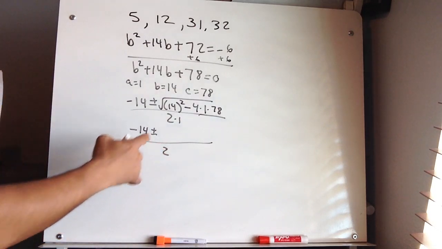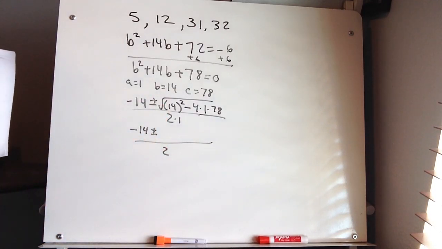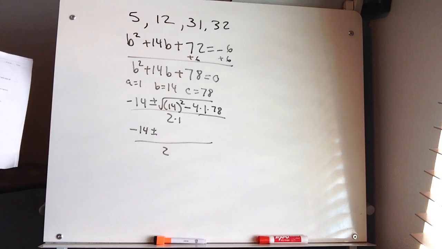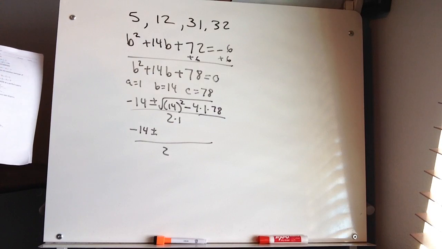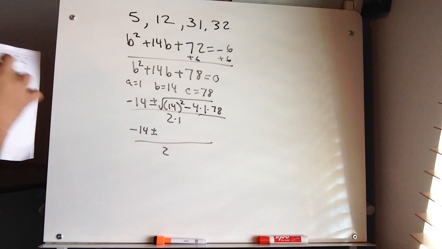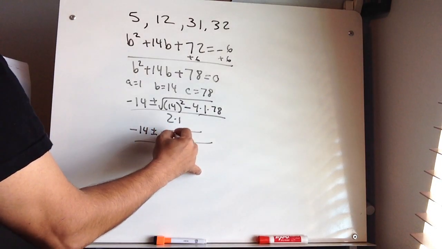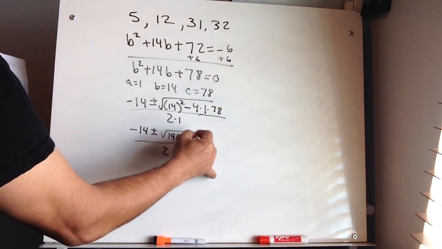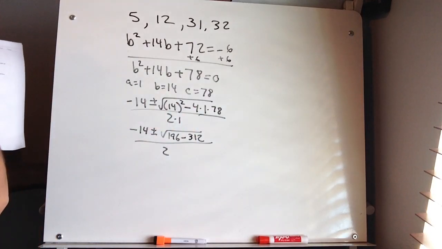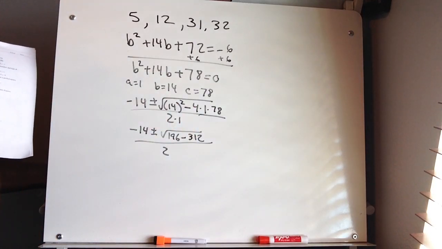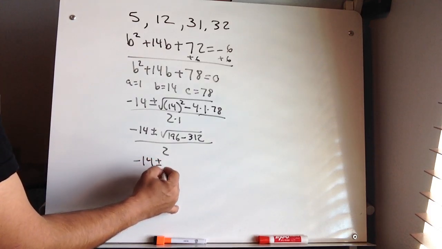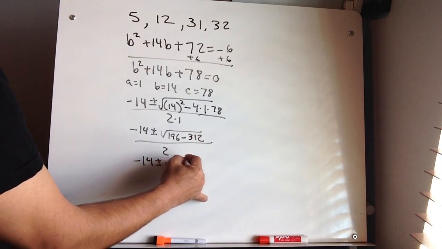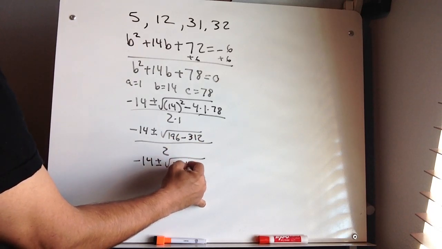And in here we have 196. First, let's find out what this part is. 4 times 78 equals 312. Then it'll be 196 take away 312. When we combine those, we get negative 14 plus or minus the square root of negative 116.